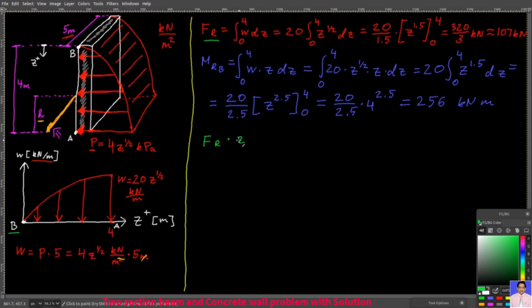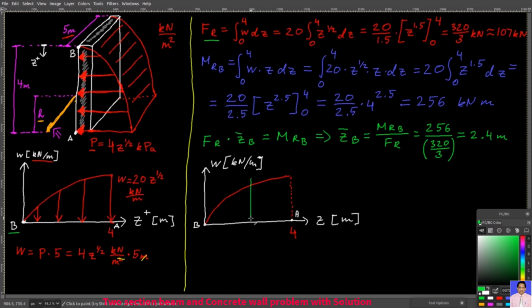FR times Z bar sub B, so we are measuring it from point B, from above, equals MRB, and so Z bar sub B equals the moment over the force, so 256 over, and then this is the exact value for my resultant force, and I will get 2.4 meters. That means that this force, FR, is 2.4 meters away from point B.